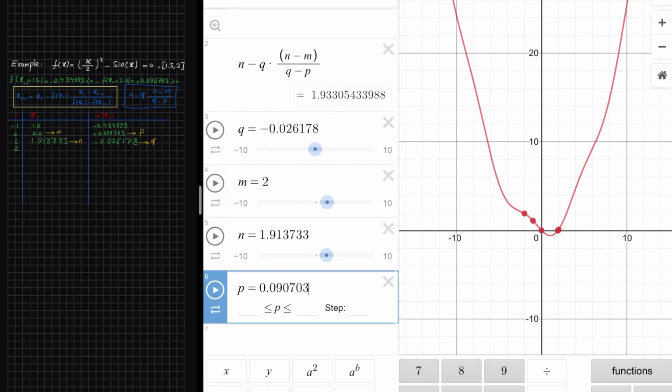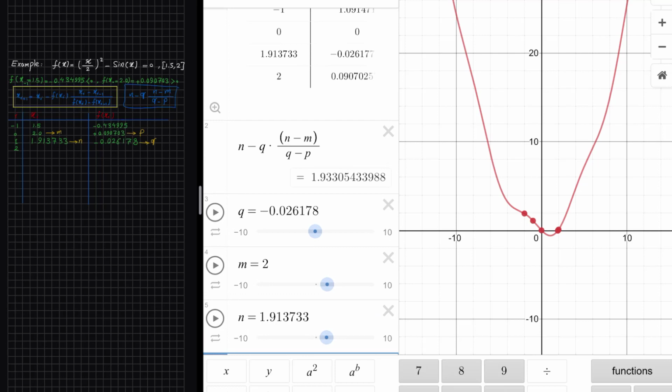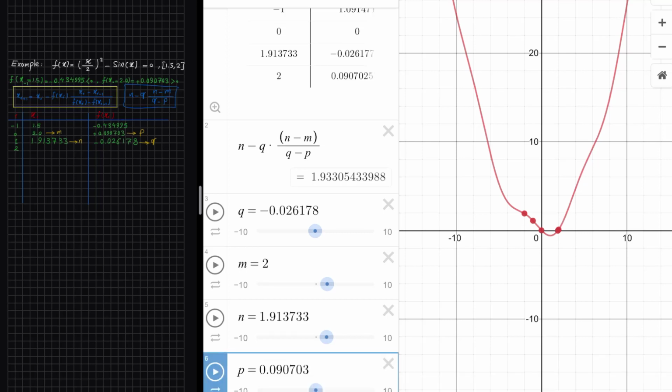So this gives us our new x, which is 1.933054.